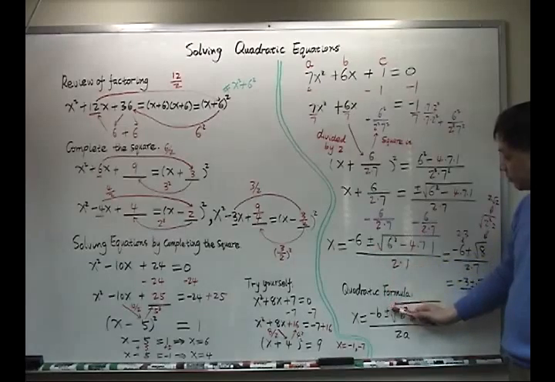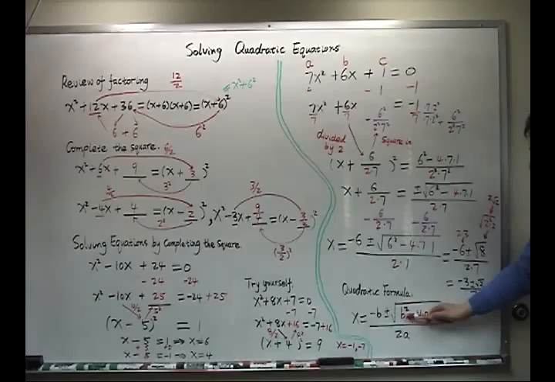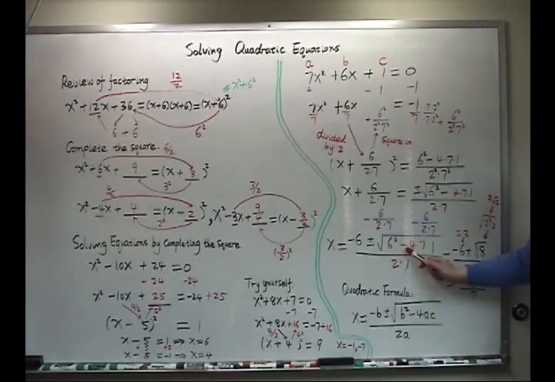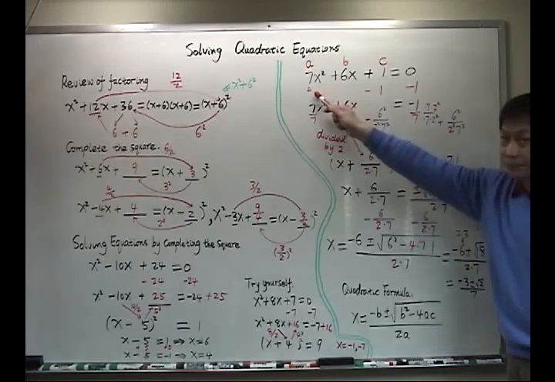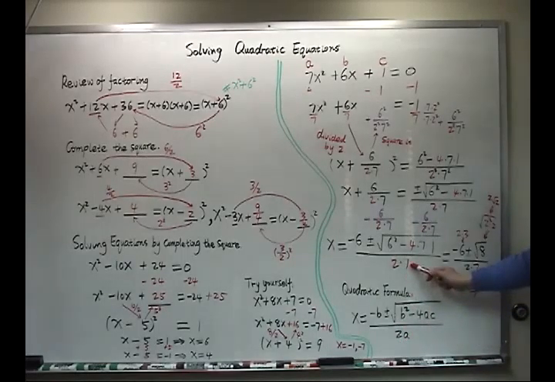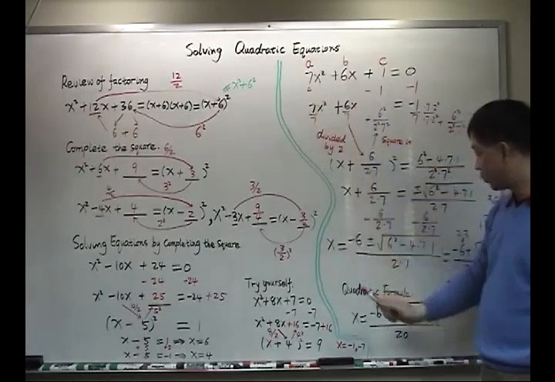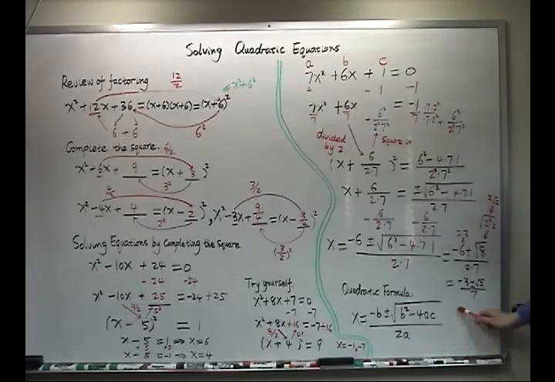Plus or minus, 6 was B. So B squared minus 4, 7 is A, and C is 1, divided by 2 times A. A, here is 7, 7 is A. So that's why we have this formula.